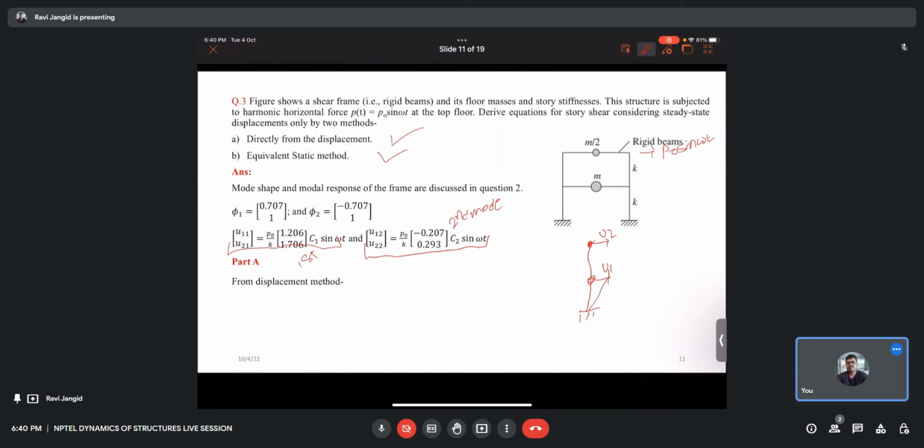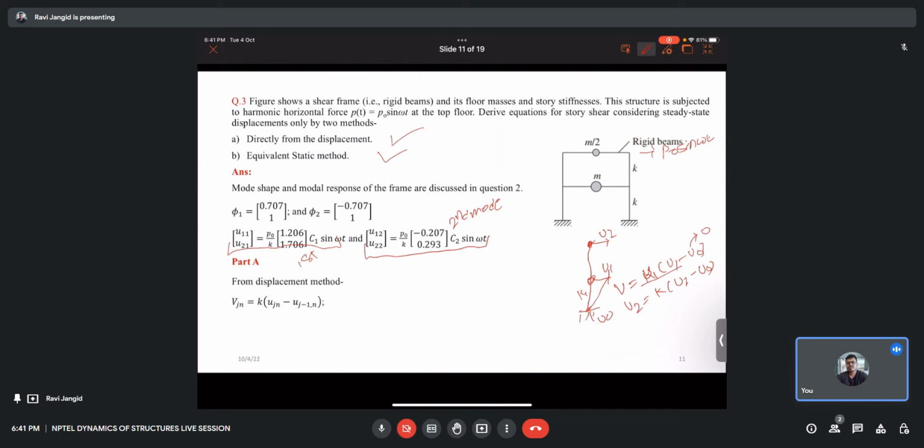The force will be k1, the stiffness, into u1 minus u naught, where u naught is the displacement of the base. Same for the second story: k into u2 minus u1, the shear force. Since u naught is 0, it would be k into u1, and k into u2 also gets added. This is the force in the particular story.